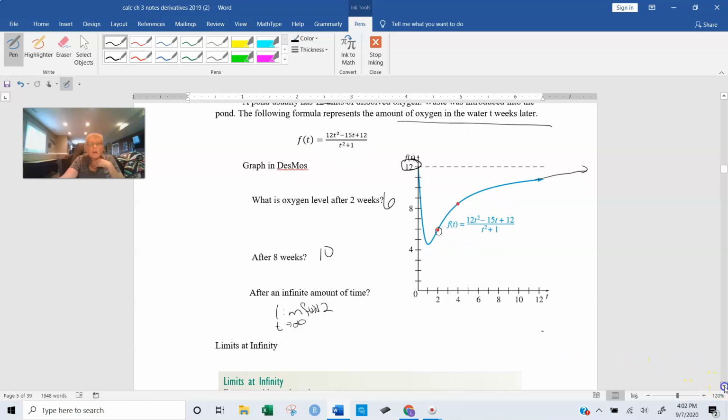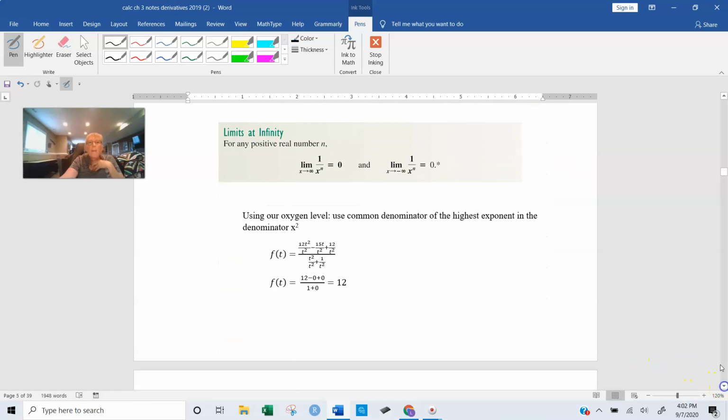Now, let's go down here. All right, if you have x of n in the denominator and it approaches infinity, it's 0. And if you have negative infinity, it is 0. So let's see what we got here. This here is the function above. Now, it started off as the 12t squared minus 15t plus 12 all over t squared plus 1.